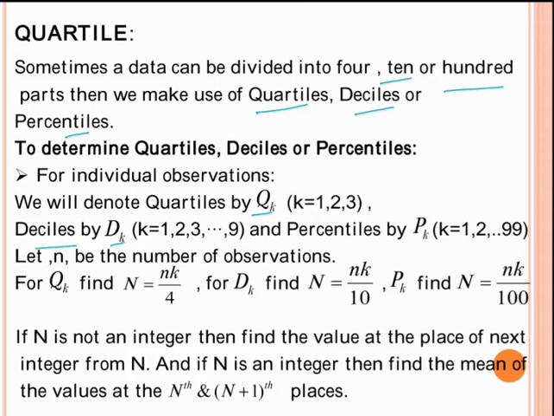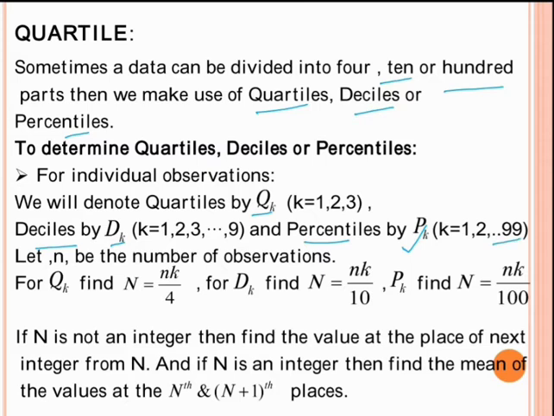Since it is divided into 10 parts, we take 1 less than 10, so the value of K will be 1, 2, 3 up to 9. And percentiles, where we divide into 100 parts, we denote by P_K, and we take 1 less than 100, that is K will be 1, 2 up to 99.